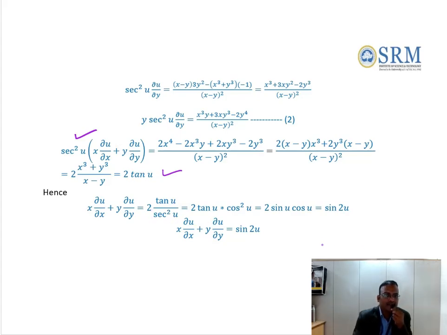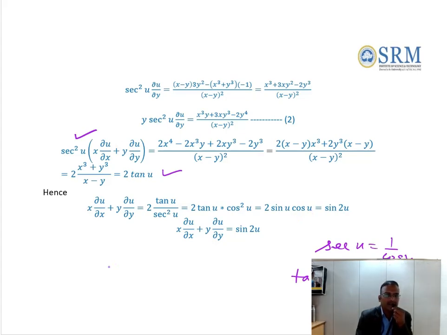But what is the sec? The definition, sec u is equal to 1 by cos u, right? By using this, we can write 2 tan u into cos squared u, and tan u is equal to sin u by cos u. See, therefore, if you cancel one term, then we will get 2 sin u cos u.